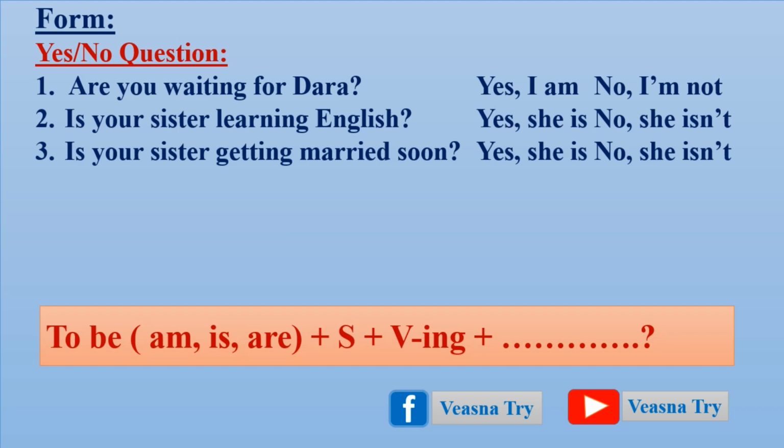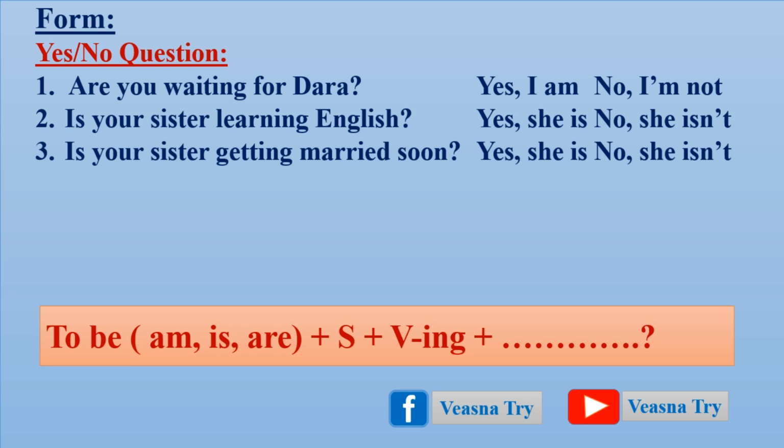So in yes/no question we got to be in front of the subject, right? And then plus subject plus verb ing, something else, and a question mark at the end. Right, the words are you: are is verb be, you is subject, waiting is verb ing, for the rest is something else and question mark, right? Number 2, is your sister learning English?